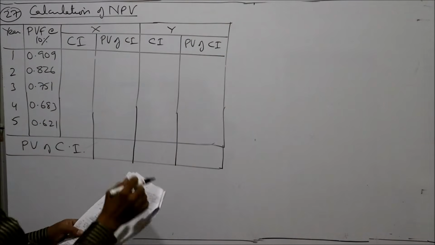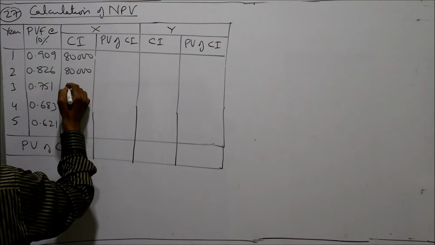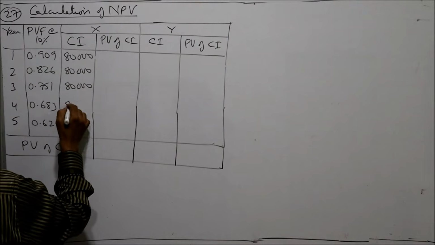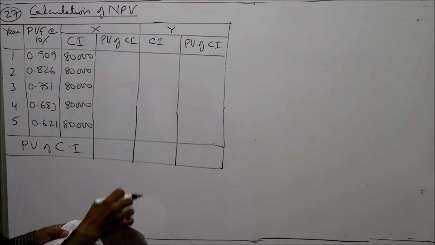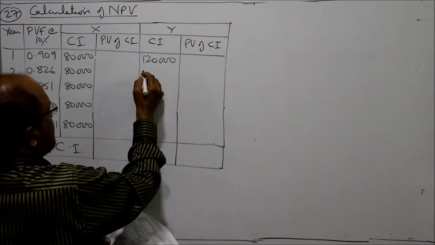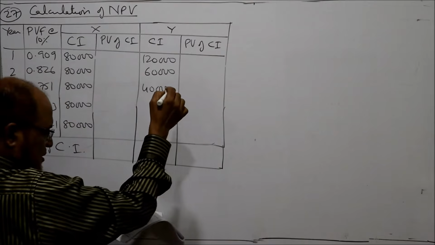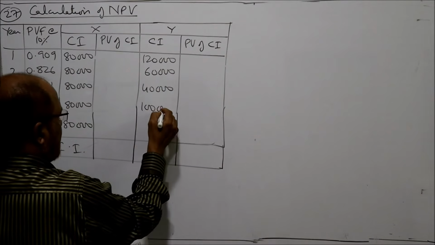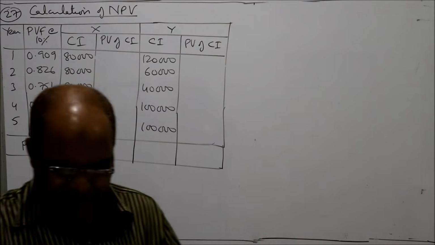Now cash inflows are given: 80,000 for project X. And for project Y, 1,20,000, then 60,000, then 40,000. Next 1 lakh, last 1 lakh, right?